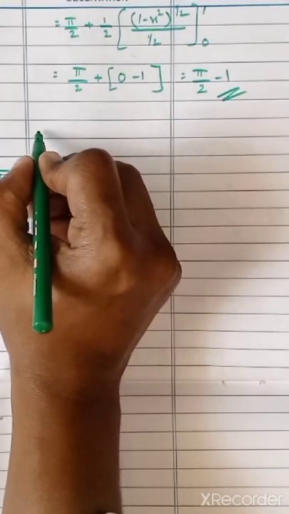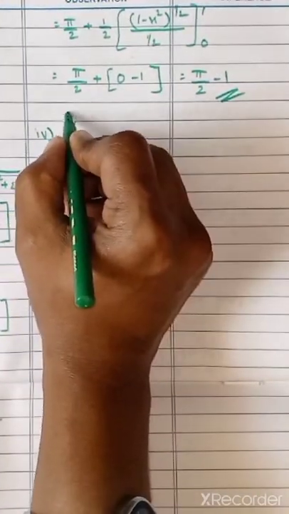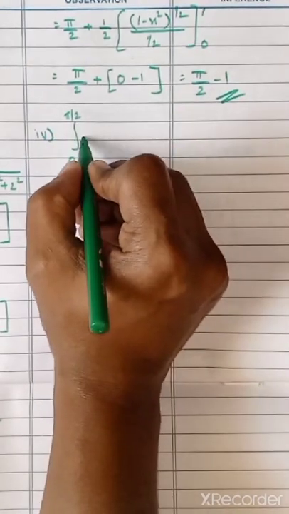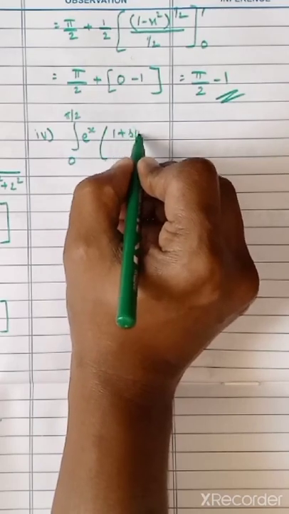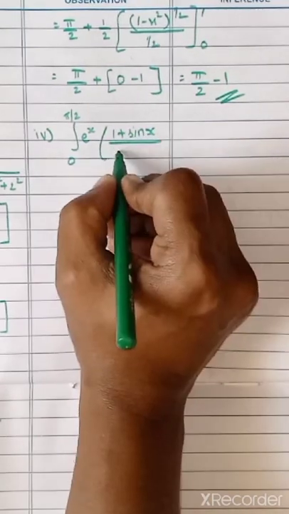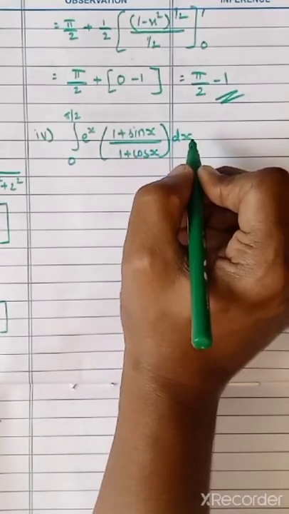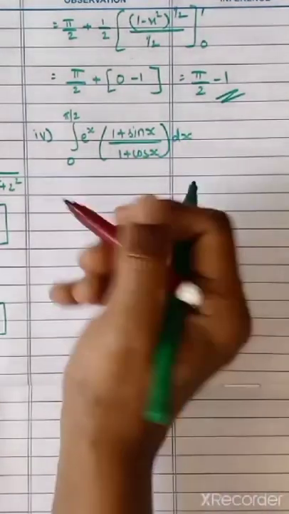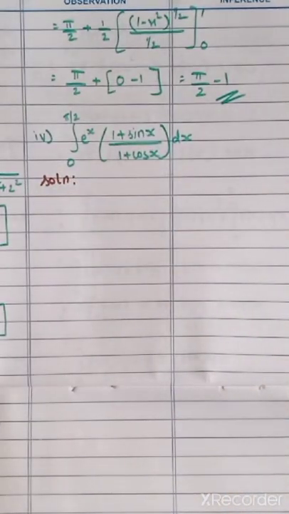Next, the fourth subdivision: integral 0 to pi by 2 of e power x into 1 plus sin x divided by 1 plus cos x into dx. Okay, so how can we do this one?